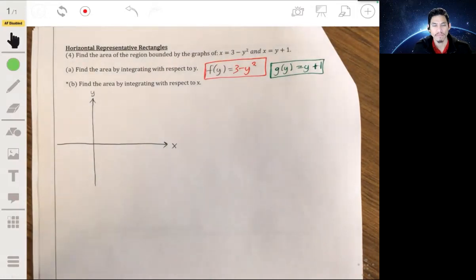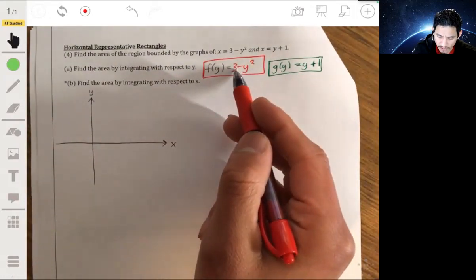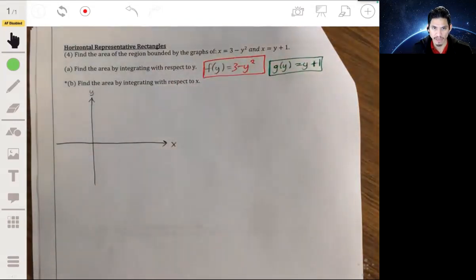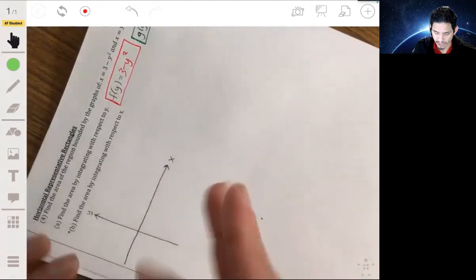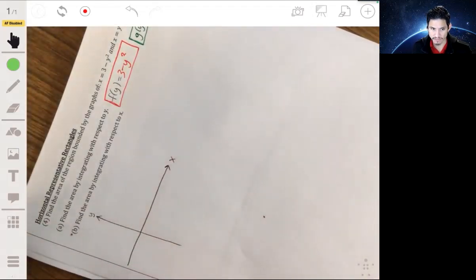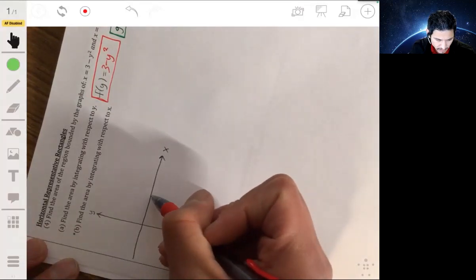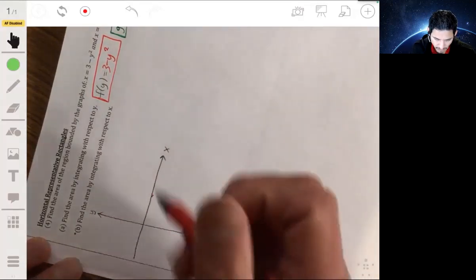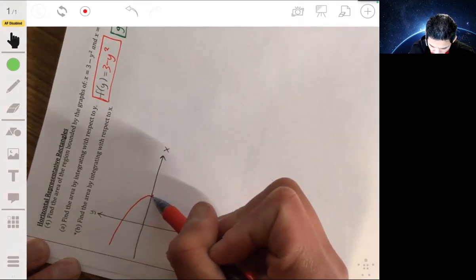So this is a parabola. It has an intercept of 3, and it's going to be concave down. But remember, it's in terms of y, so you want to look at your axes like this. It'll intersect the x-axis at 3, and it'll be going downward like that. Let me try to draw my best parabola.